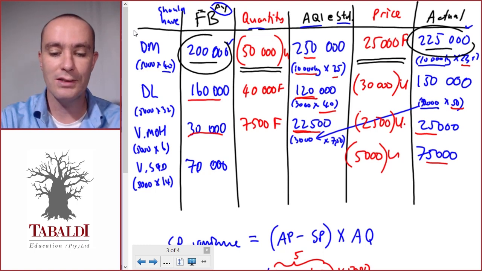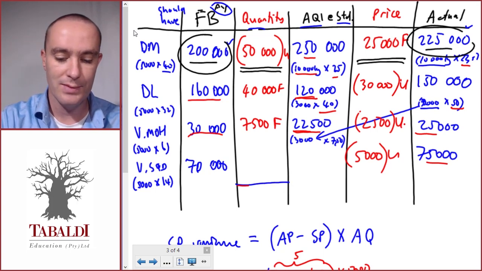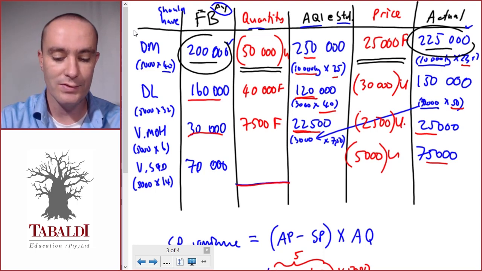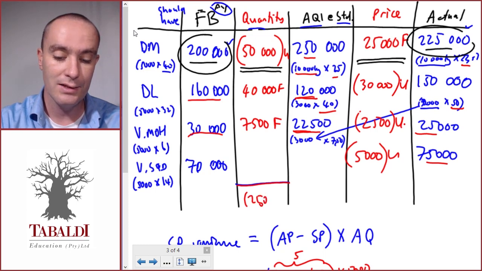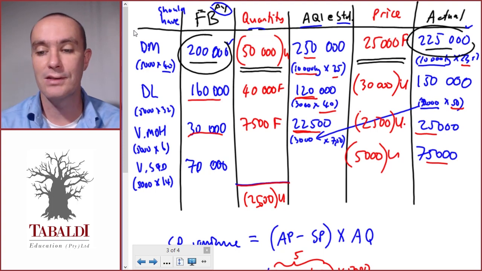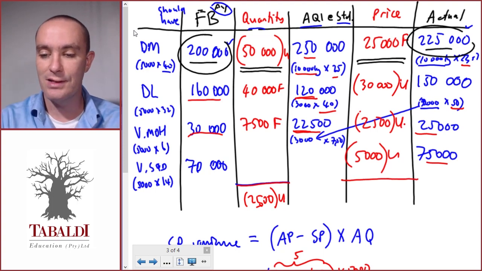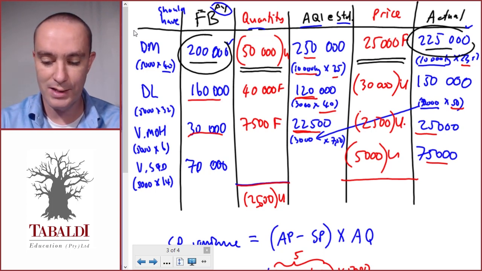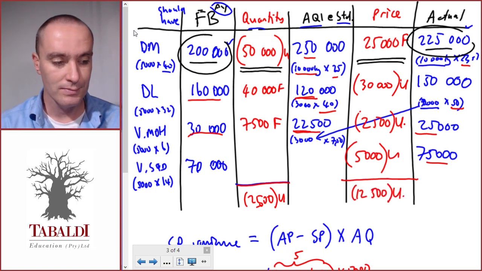If we look at the quantity variances, we can add them up. I'll do it in the same color. That's material, the negative variance, plus labor, the positive, and then variable overheads, the positive. That gives us a net of 2,500 unfavorable for quantity variances. The price variances, that's 25 less 30 less 5 less 2.5, so that's 12,500 unfavorable.